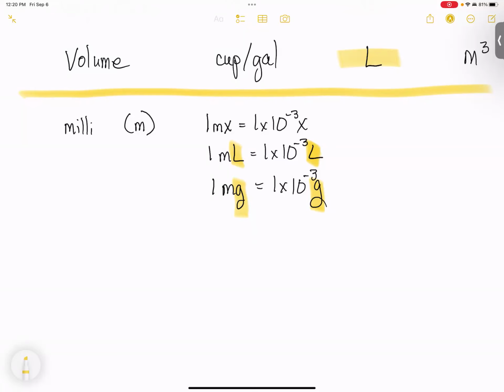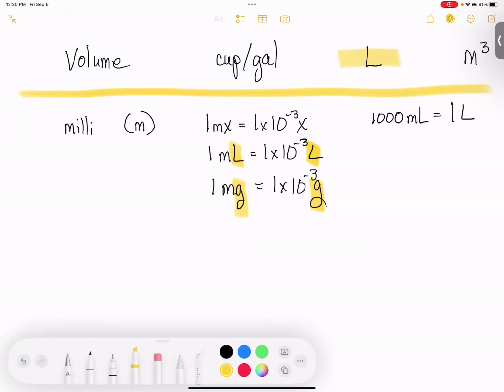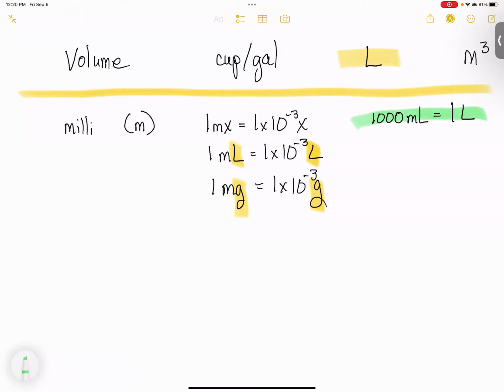Now, you may have also seen this as 1,000 milli, let's go with liters, is equal to 1 liter. If you have worked with metric prefix conversions before, and this conversion factor is the one you know, you can use that one.